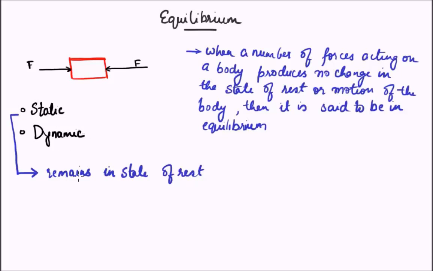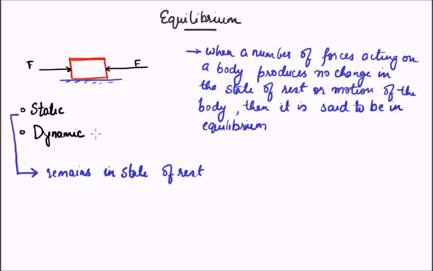Let's first see an example of static equilibrium. In fact, the example which we discussed, in which the block staying on the floor continues to stay on the floor under the action of multiple forces, is an example of static equilibrium. So I will not discuss another example, rather I will jump into dynamic equilibrium.